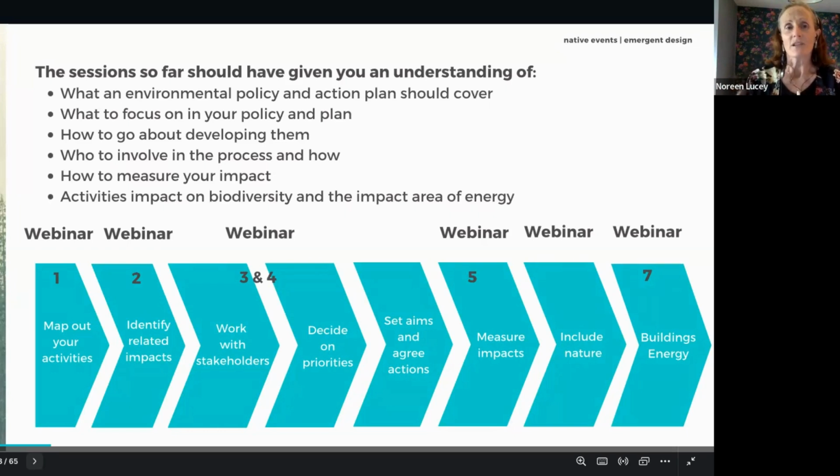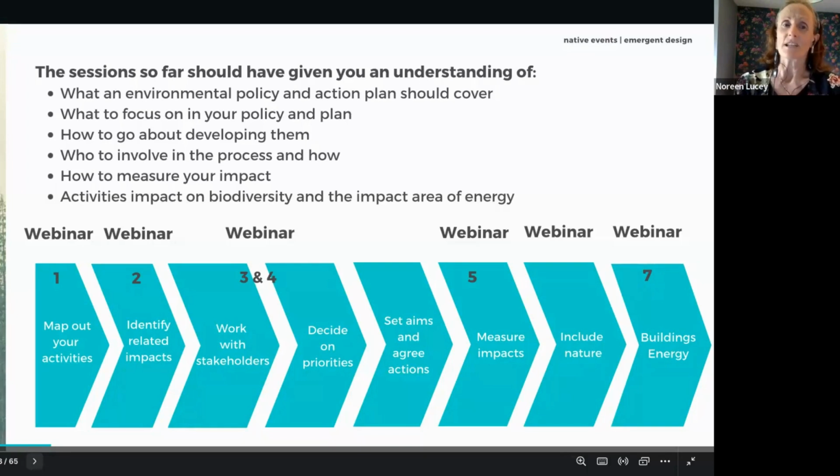Then we moved on to engaging with the important people that should be involved in the creation of your policy and action plan, and how to engage with them. That process of bringing a team together means it's not one person creating the policy and plan, it's involving everybody and everybody has buy-in.